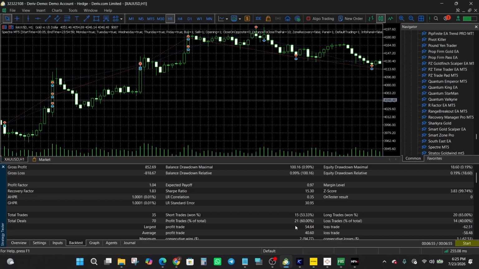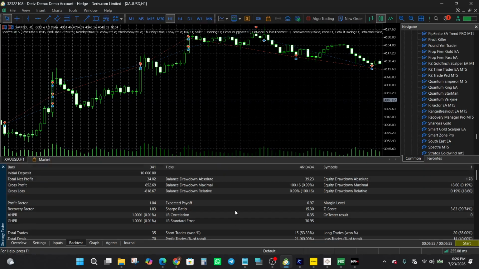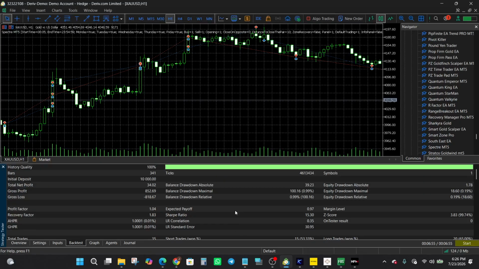A solid win rate can certainly be helpful, although it is important to remember that profitability depends not only on how often trades win, but also on the size of winning trades relative to losing ones. One observation worth making is that despite maintaining a respectable win rate and extremely low drawdown, the overall net profit remained relatively modest.